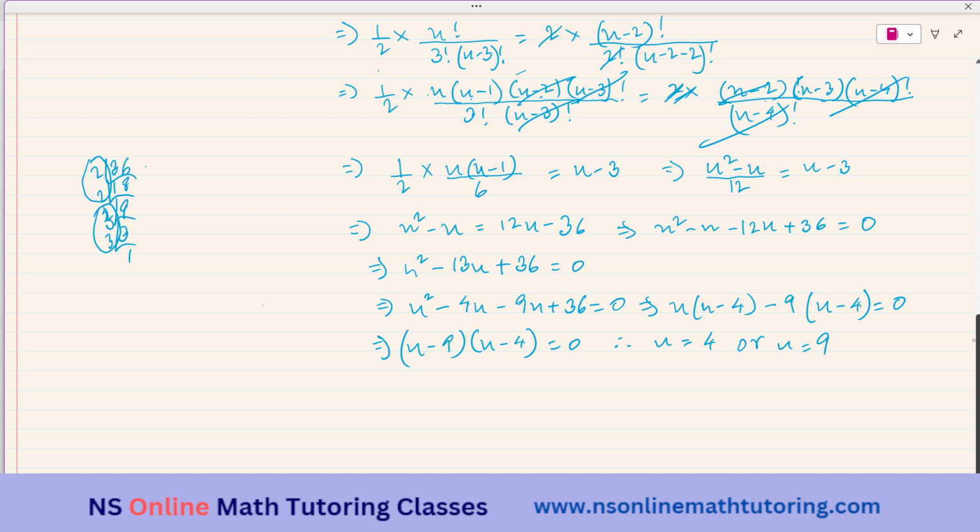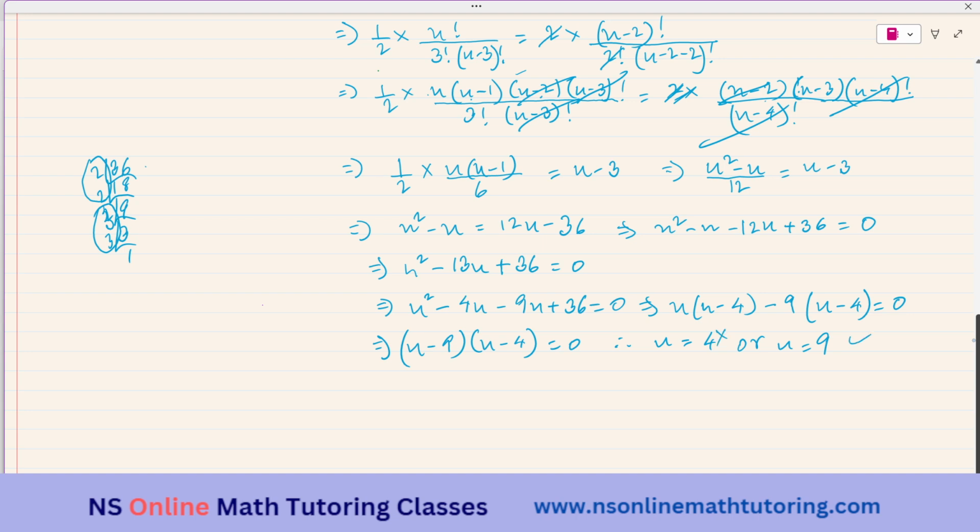But as I had said before, n cannot have a value less than 6 because the first group should be having exactly 3 students and the second group should be having at least 3 students. So the n value cannot be less than 6. It can be equal to or more than 6. So therefore, I cannot take n value as 4.